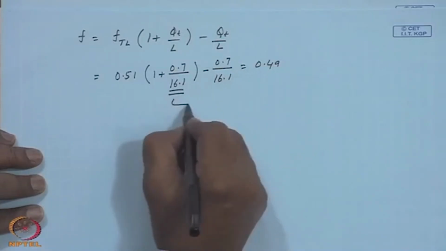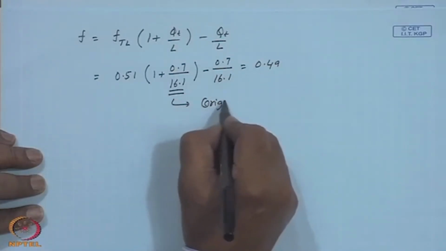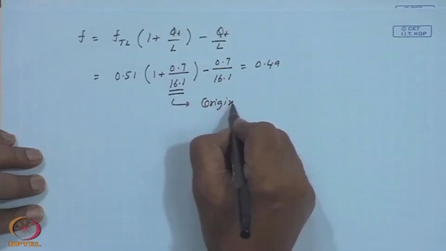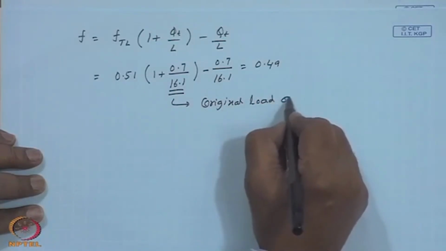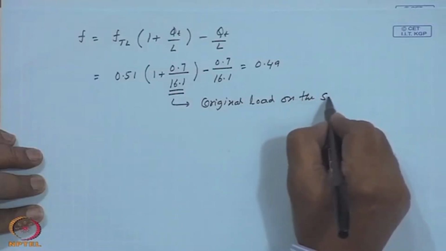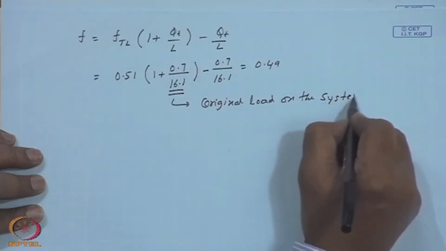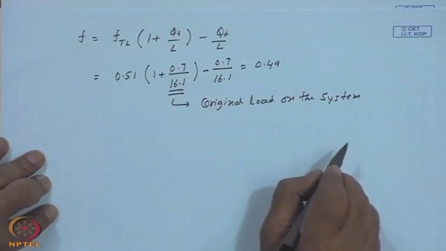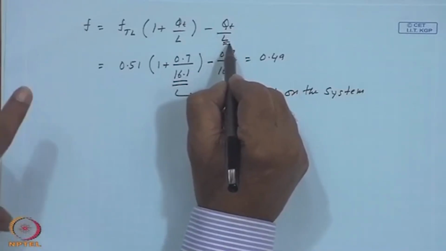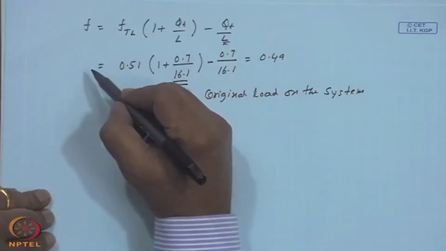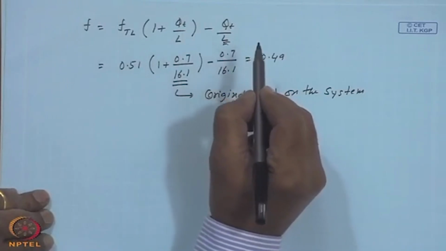Remember, here this is the original load on the system. Because we defined FTL as Q S plus Q tank by L plus Q tank, we divided throughout with L, the load on the system. So, in this formula it is important to remember this is 16.1, not the 16.8, which included the tank losses.